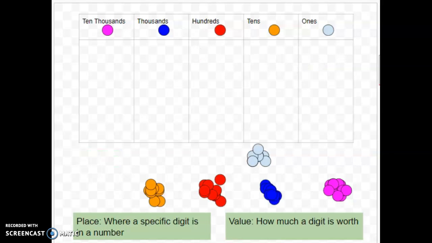Alrighty, let's go ahead and build a number that's a little bit bigger this time. As you can see, we don't have the 3 here in the ones place. So we're going to start with 8 ones.